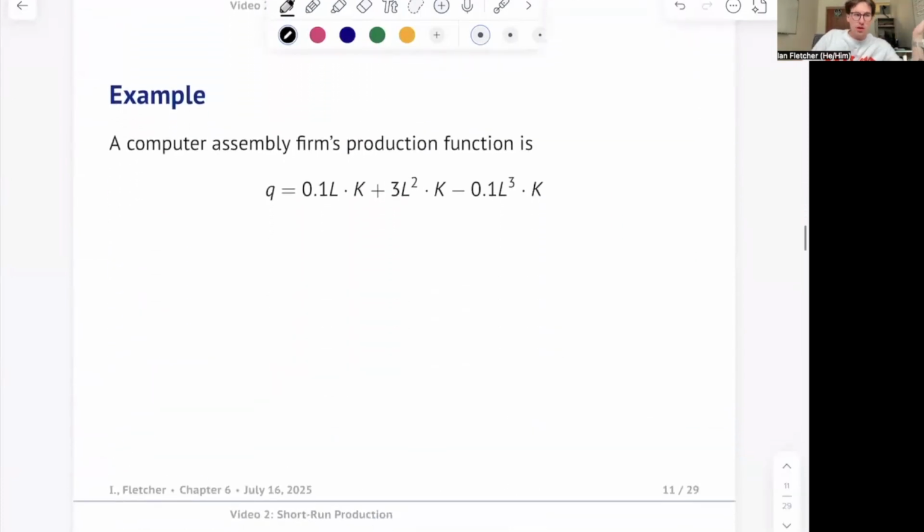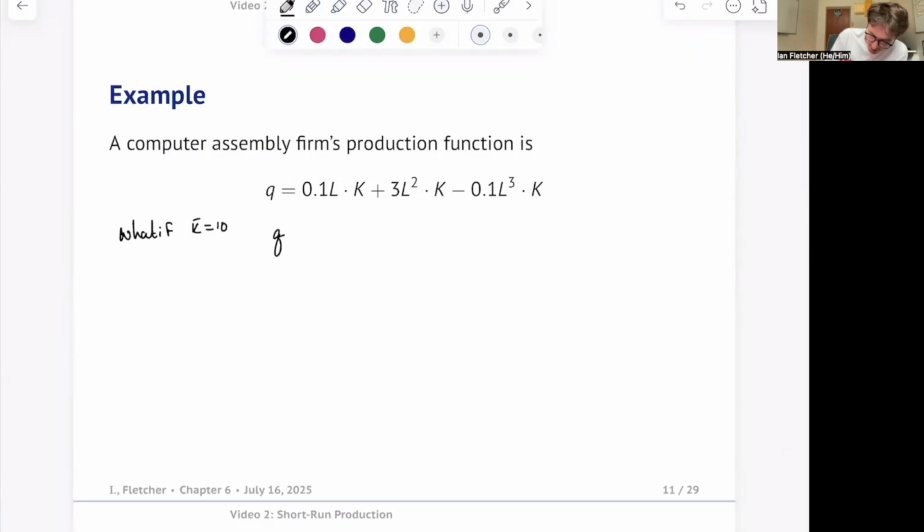But let's look at a quick example here. So this is our production function. What is the short run production function if capital is fixed at 10? So what if K bar equals 10?